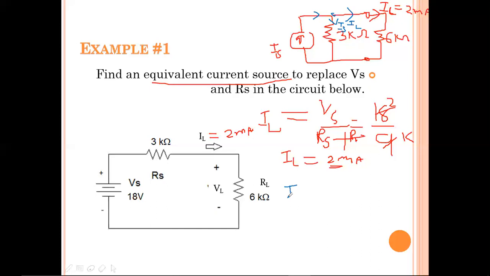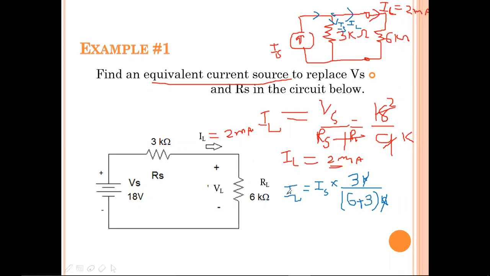For finding the current through the 6 kilo ohms, IL is equal to the total current, let me assume the total current is Is, into the opposite value of resistance, 3 kilo ohms, by the total value of resistance, 6 plus 3 kilo ohms. The kilo ohms both get cancelled. 6 plus 3.